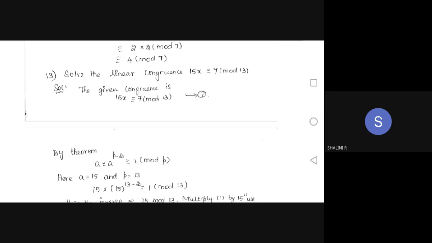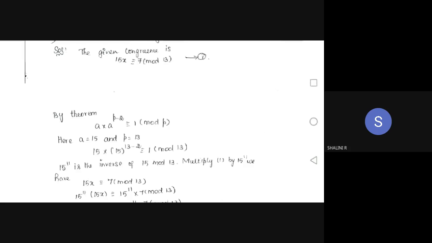We can solve the linear congruences in many methods. Okay. So this 15x is congruent to 7 mod 13, whose solution could be received by using Fermat's little theorem.